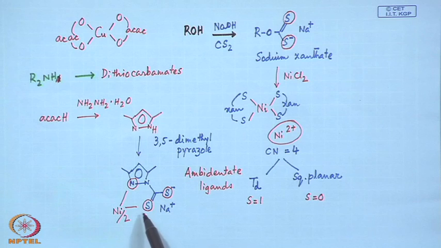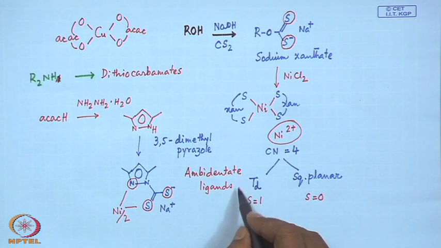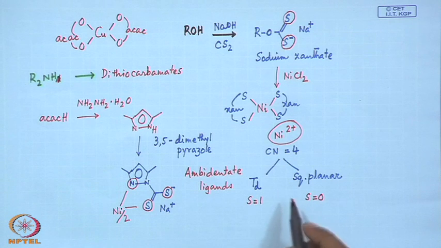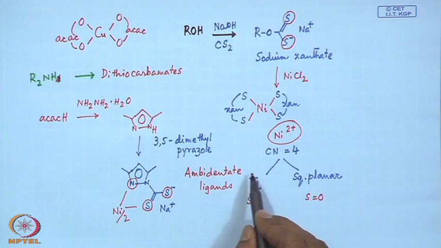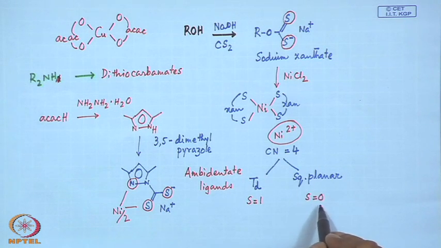But in this particular case where the ligand is NS type, we will find a magnetic moment in between the square planar and the tetrahedral, because in the tetrahedral, which is a spin triplet situation, we have a magnetic moment of 2.84 Bohr magneton, and in the square planar it is 0.